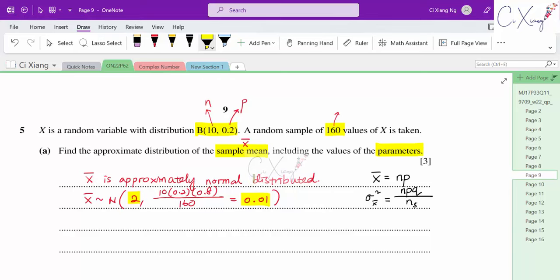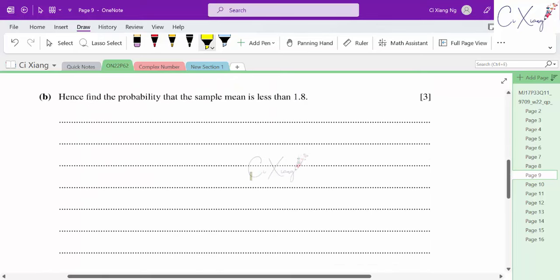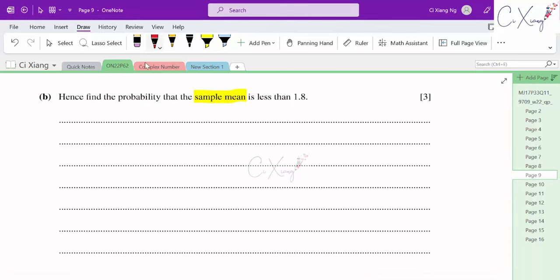Okay, so let's proceed to part B. For part B, they want us to find the probability that the sample mean, so highlight the keyword sample mean, is less than 1.8. Since we already know the distribution of the sample mean just now, where it is normally distributed with mean 2 and variance 0.01, to calculate the probability of sample mean less than 1.8, you should change it to Z. The value of sample mean minus the mean, divided by the standard deviation.